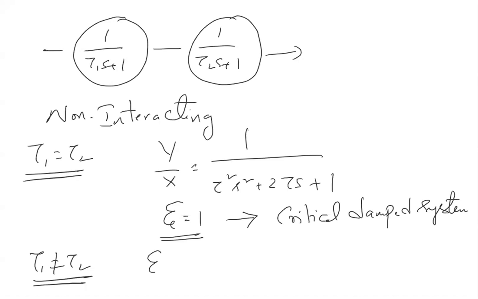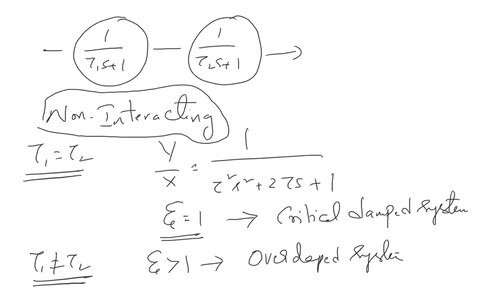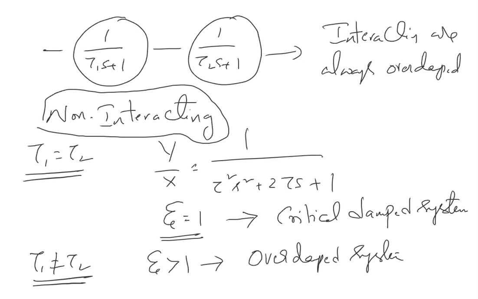then if you take some example, let's say tau 1 equal to 2, tau 2 equal to 3, it becomes an over damped system. This is in the case of non-interacting. But interacting systems are always over damped. That is, they are slow. Over damped means zeta is higher, no? Greater than 1. Non-interacting is also over damped except in one case, when tau 1 is equal to tau 2.